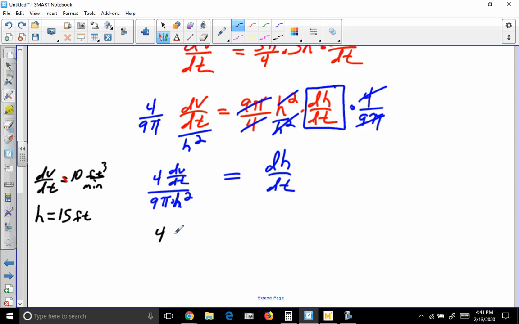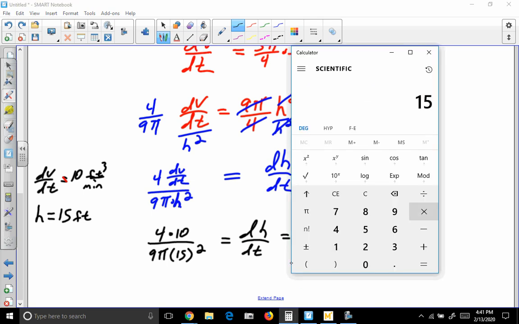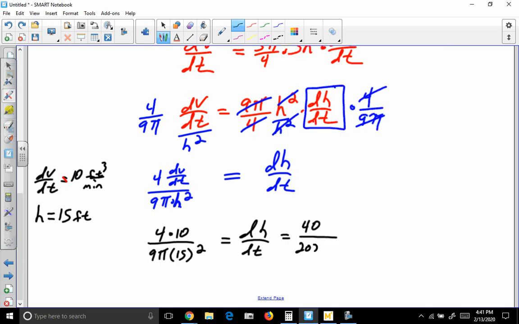So if we plug in 10 for dv dt, and for h we plug in 15 and then square it, that'll give us dh dt. So we have 40 on top, on bottom we have 15 squared times 9, 2025 times pi.